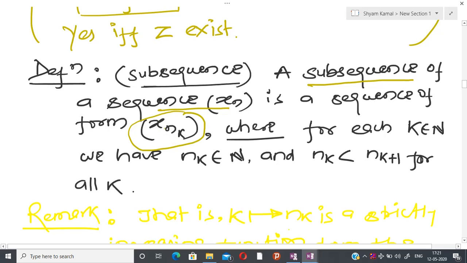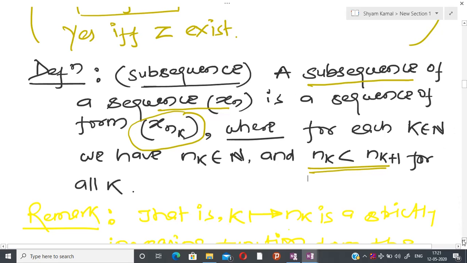So xn is the sequence, and I am going to take the kth term of that, so that is nk, where for each k, that again belongs to the natural number, we have nk, and we are putting this kind of condition: nk is less than nk plus 1 for all k.